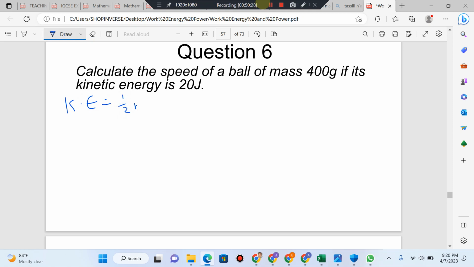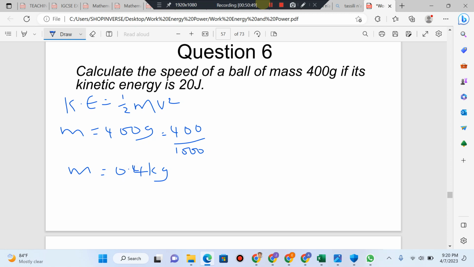Kinetic energy equals half mv squared. What is the mass? The mass is 400 grams. Do you use grams in physics in this topic? No, we use kilograms. So you convert to kilograms by saying 400 divided by 1000. Hence, you have your mass as 0.4 kilogram.